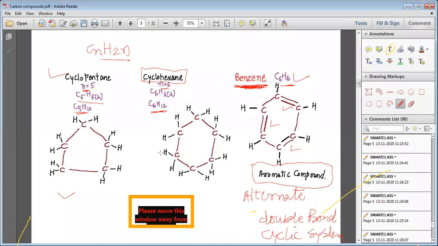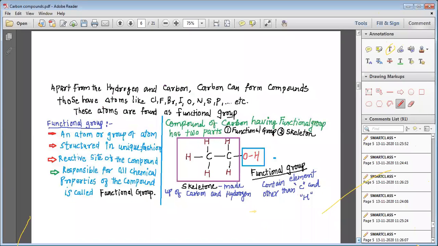The others are not aromatic compounds, but benzene, cyclobutane, cyclopentane, cyclopropane and cyclohexane are all cyclic compounds, and they are hydrocarbons because they are made up of only hydrogen and carbon. Now, my dear students, we have studied the hydrocarbons.